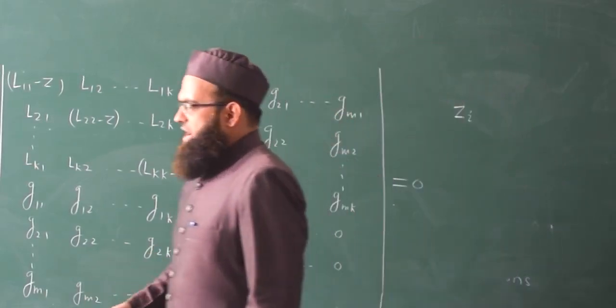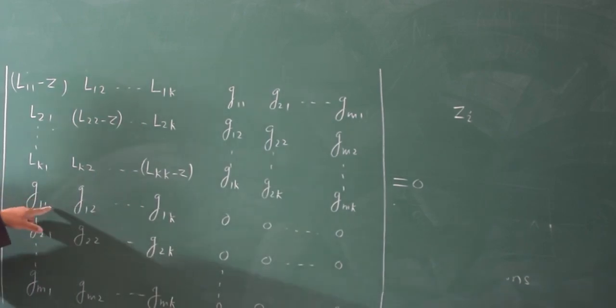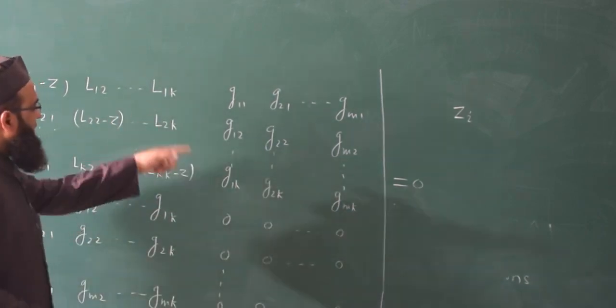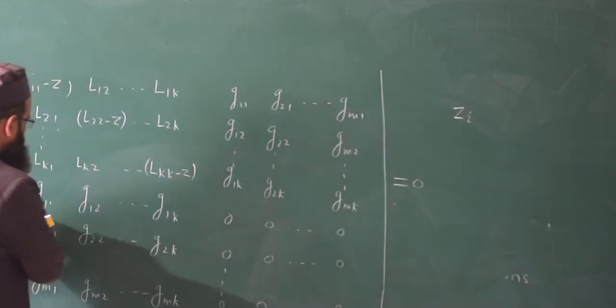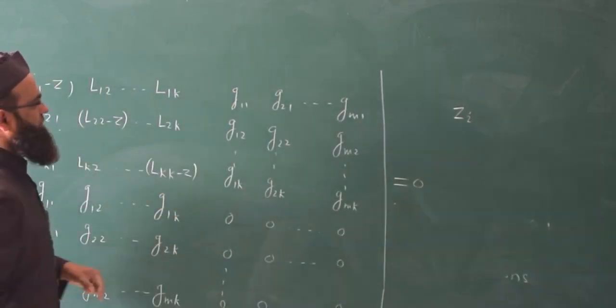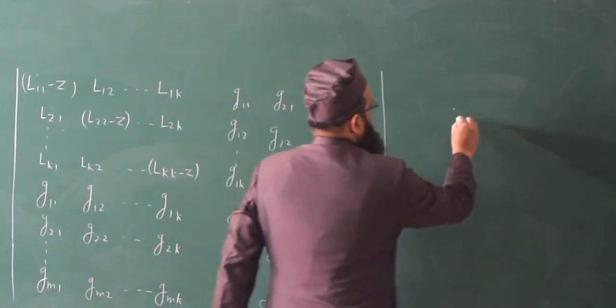But here you are having just one constraint, so you write this first row only, this one, G11, G12. What are this L and G? Up to here we will get for one constraint. So for m constraints in general we have written this. What is L11?